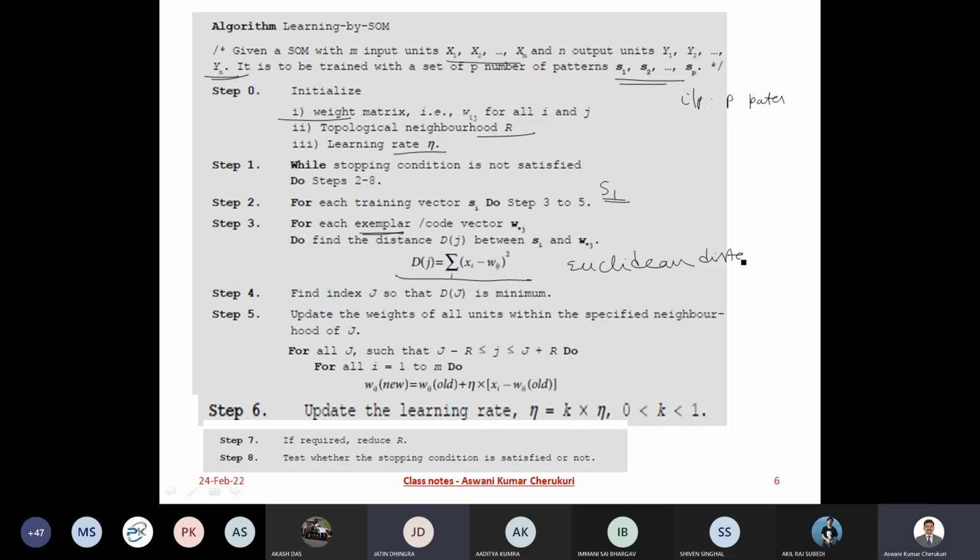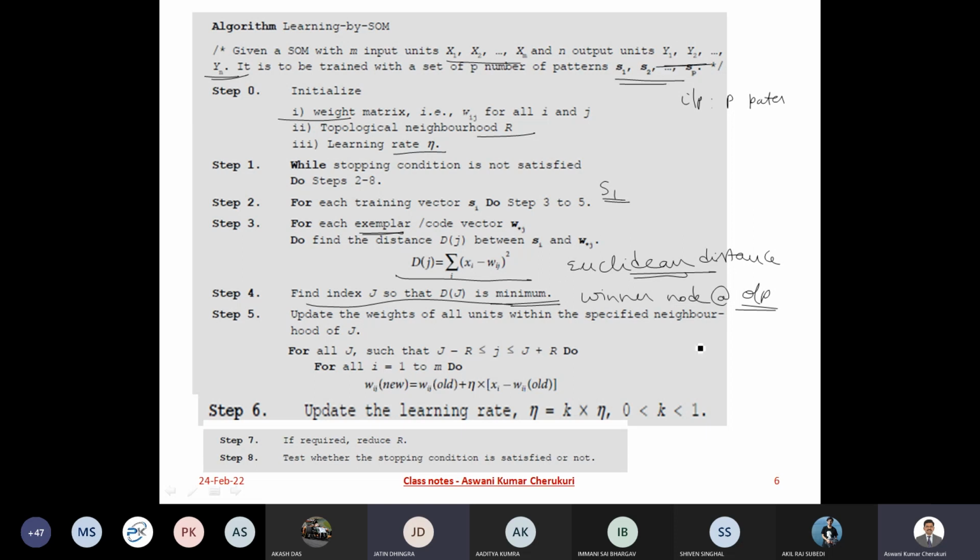Once you do that, you find which is the minimum. Remember, if it is the dot product, you are actually doing maximum activation, that's why you have max net. Here, since it is a distance, you need the minimum. So with that, you identify the winner node at the output, that means at the cluster, the Y nodes.